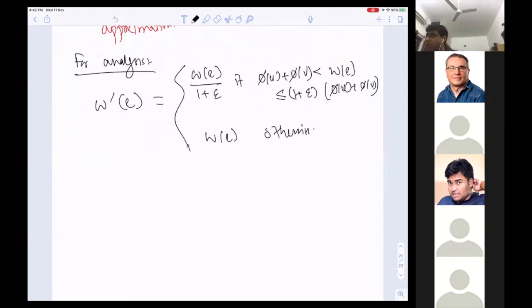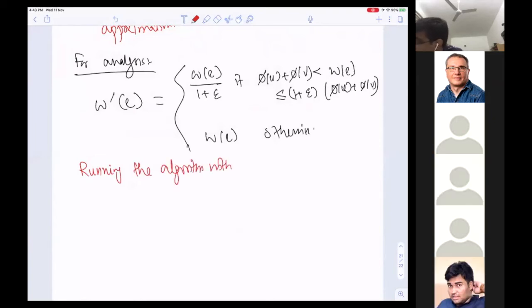Now, think of running the algorithm with the new rule: add to stack S if weight of e prime is more than phi u plus phi v.